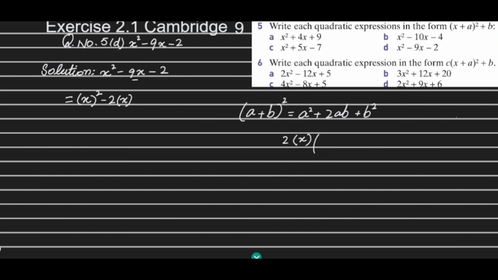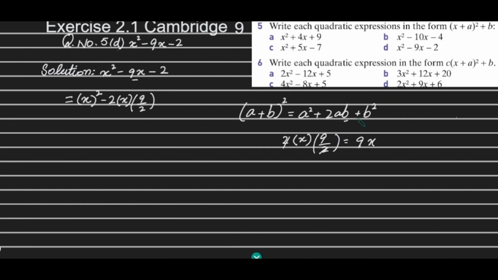We shall multiply by 9 by 2, because the 2 will cancel and I will get 9x. So we have to multiply by 9 by 2 to make 9x. This is the second term, 2ab. It means this is the b term.